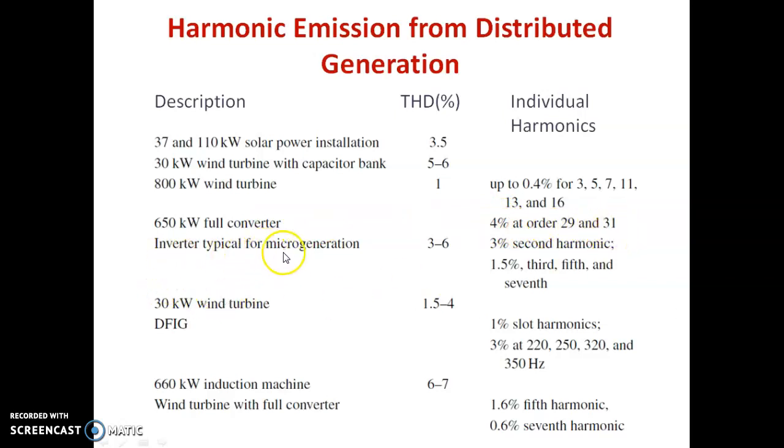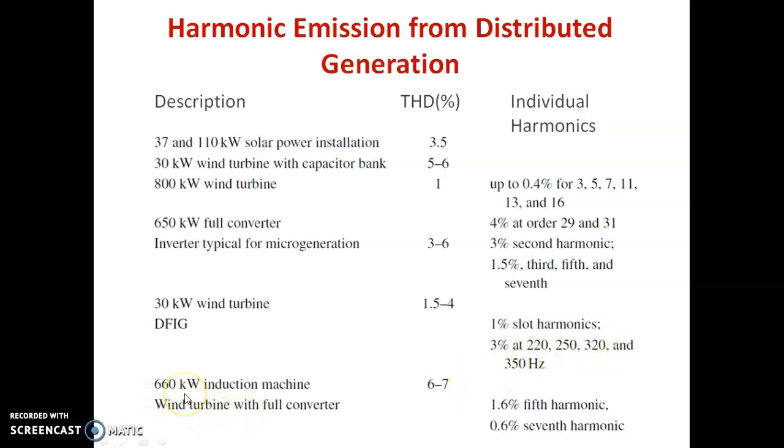An inverter typical for micro generation has a THD of 3 to 6%, with individual harmonics of 3% for the second harmonic and 1.5% for the 3rd, 5th and 7th. A 30 kilowatt wind turbine with a doubly fed induction generator has a THD of 1.5% to 4%, with individual harmonics of 1% slot harmonic and 3% at 200, 250, 320 and 350 Hertz.